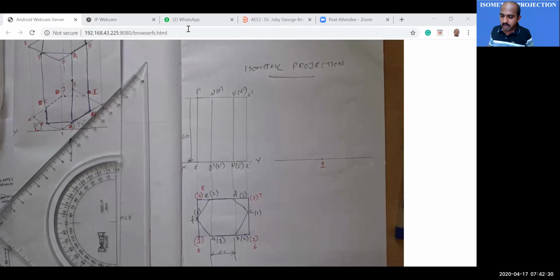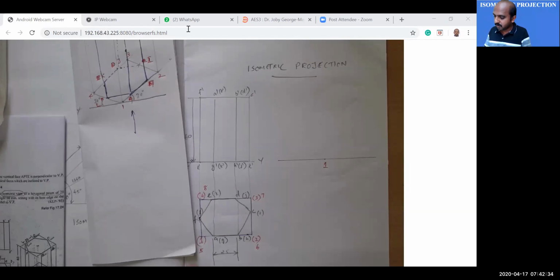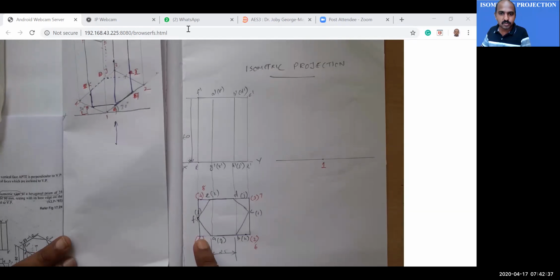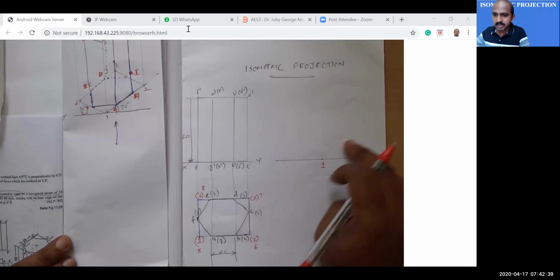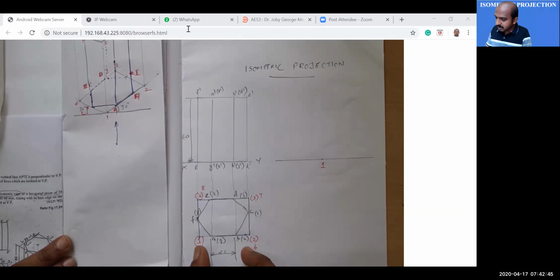So in the isometric view, you measure just 1 to 2. Then draw this inclined 30 degree line in the isometric view. In isometric projection, as I mentioned, each length in each dimension of the orthographic projection will be converted into isometric scale length, so the length 1 to 2 becomes 1 to 2 into 0.82.